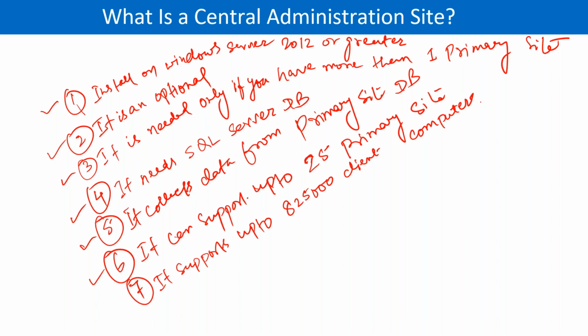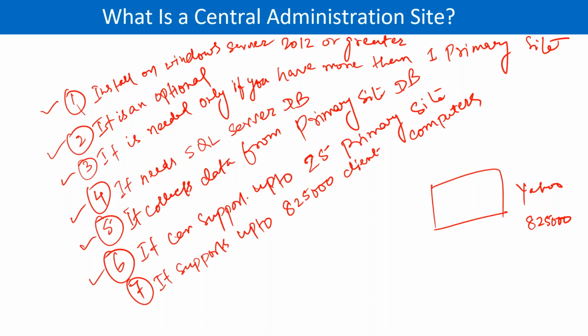Suppose there is a company in Nigeria, for example. Let's say the company name is Yahoo, and Yahoo has 825,000 computers all over the globe. The headquarter is in Nigeria, with branch offices in all other locations.